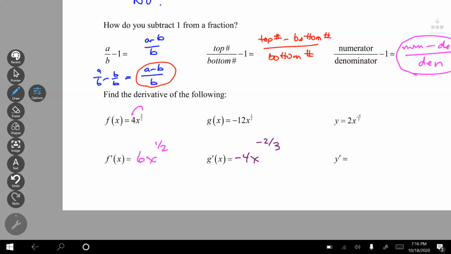And this last one, well, it's just negative 10 over 3. That doesn't reduce, and it's still top number minus bottom number, negative 8 over 3. That's how I do it. It doesn't change because it's a negative number. Still top minus bottom over bottom, or numerator minus denominator over denominator.